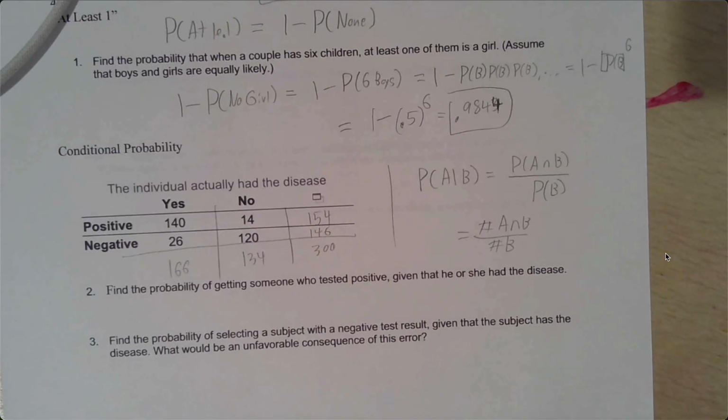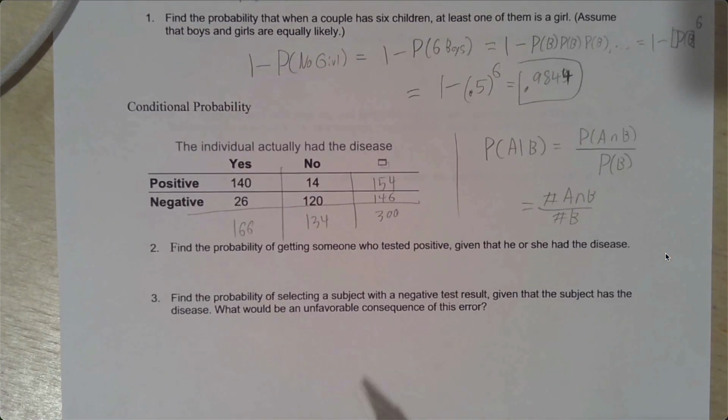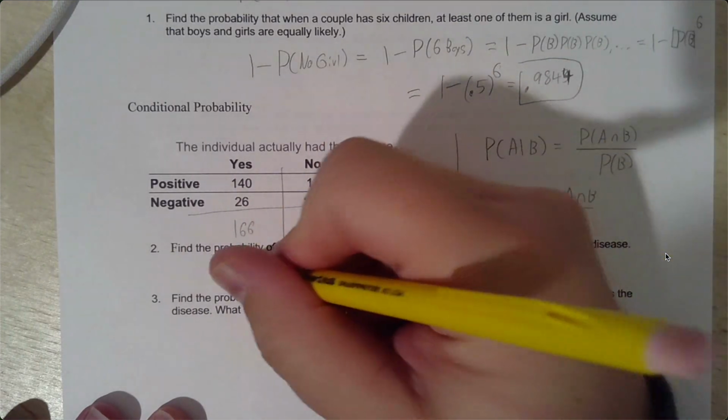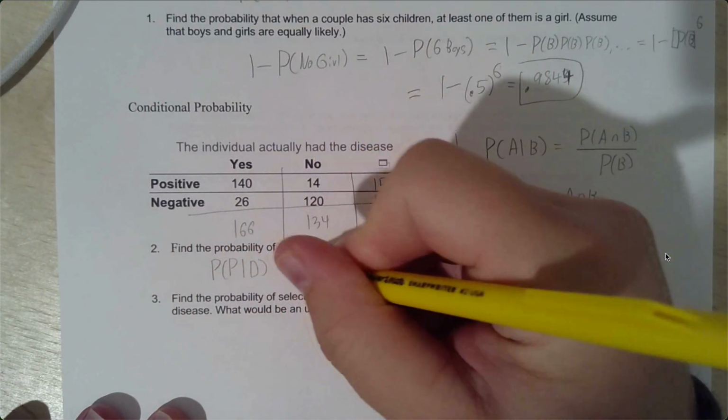Because we don't actually need the probability over 300 for each of them. And maybe we'll talk about that mathematically real quick. But really, just focus on the phrasing and let's see what happens here. So, the probability of getting someone who tested positive given he or she had the disease. First let's write that out mathematically. They tested positive given they had the disease.